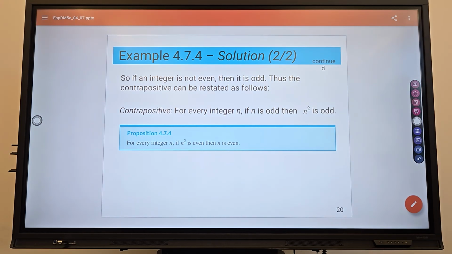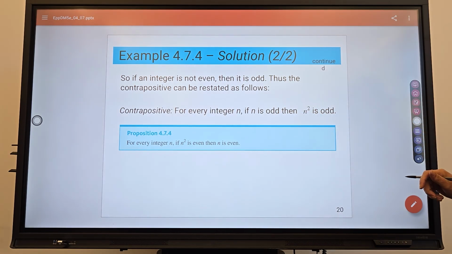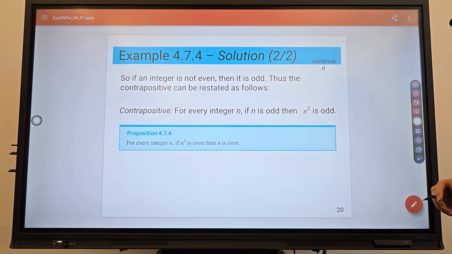Thus, the contrapositive can be restated as: for every integer n, if n is odd, then n squared is odd. Then you would show that this is true by a direct proof, working it out algebraically.